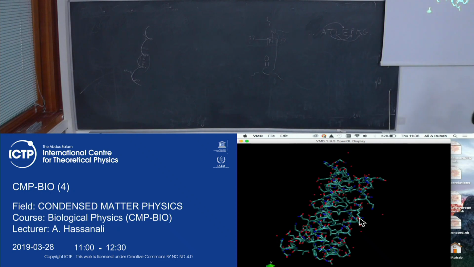Can I resolve the positions of hydrogens with X-ray? It's too light. Is it a question of lightness? Light means it doesn't provide enough. It's about the cross section. Yeah, exactly. So it doesn't provide enough cross-section to scatter.